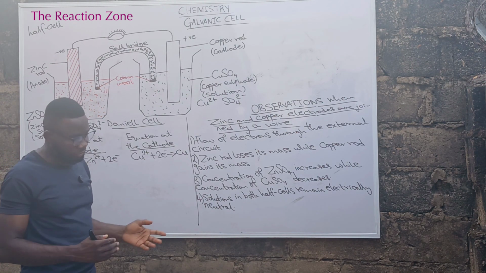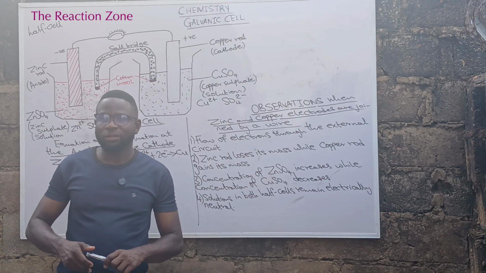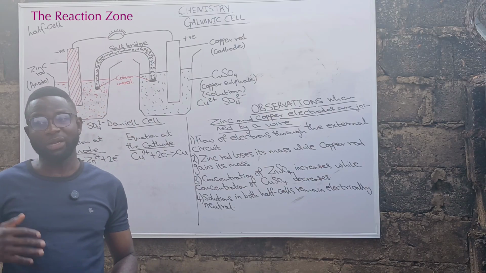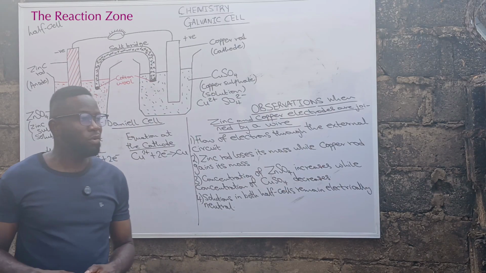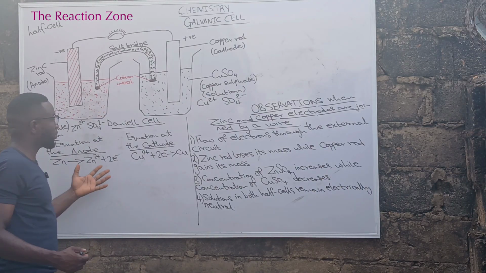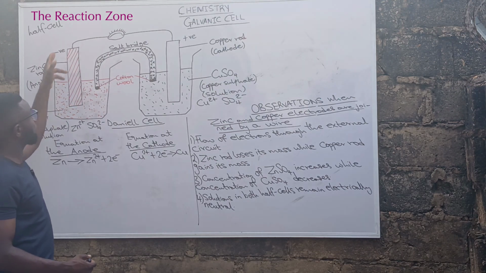And just like we said that in galvanic cells, chemical energy is converted into electrical energy. So the redox reactions in the Daniell cell have led to the production or the generation of electric current.